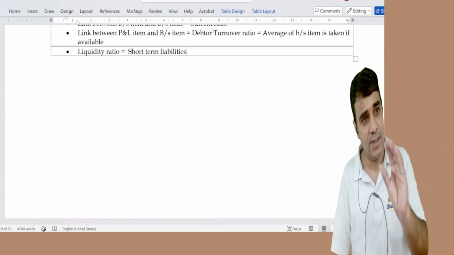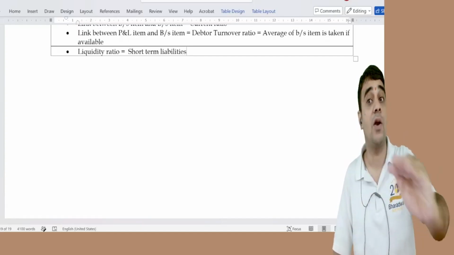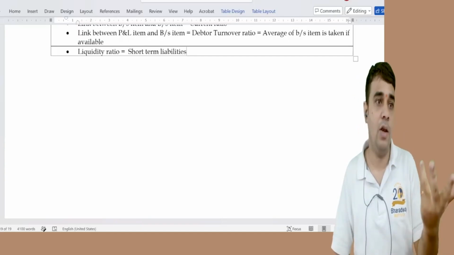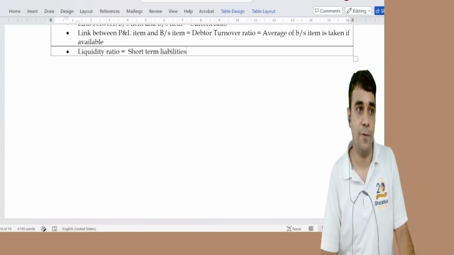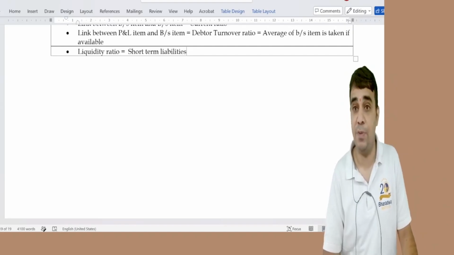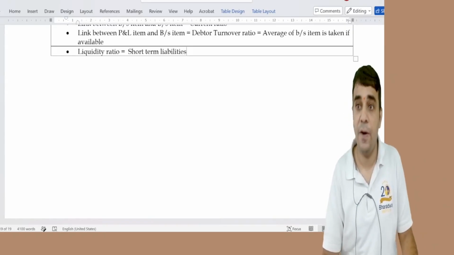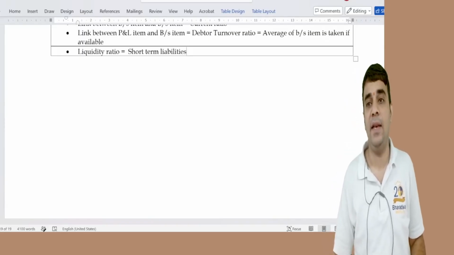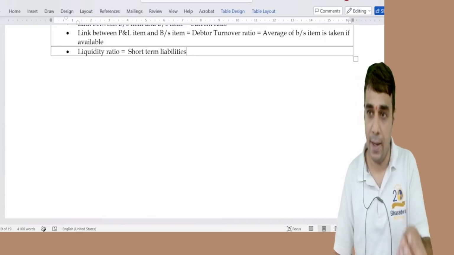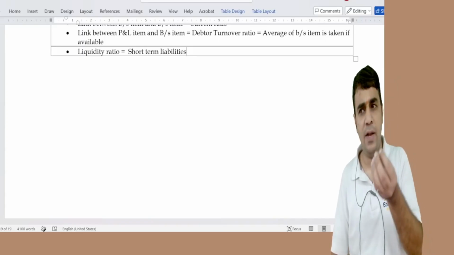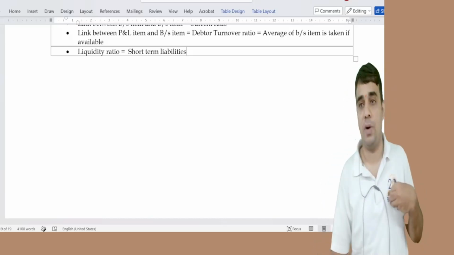Suddenly, if there's an emergency requirement of even 50,000, and all my investments are long term in nature, I'll not be able to pay 50,000. I may have investments of 1 crore also, but 50,000 I may struggle with if I don't keep some money in liquid form. Liquid form is what? Cash, or your bank account balance, or very short term investment. If that is not there, how will I meet my short term liability?